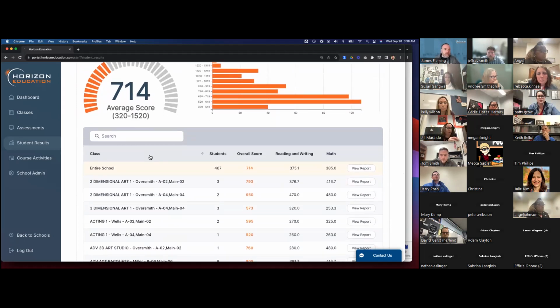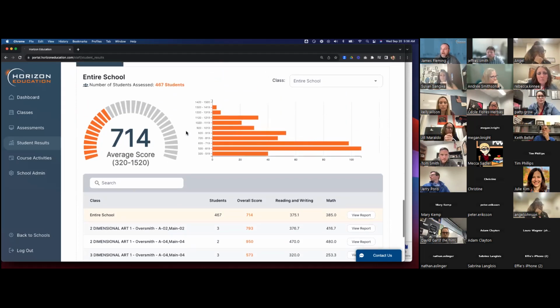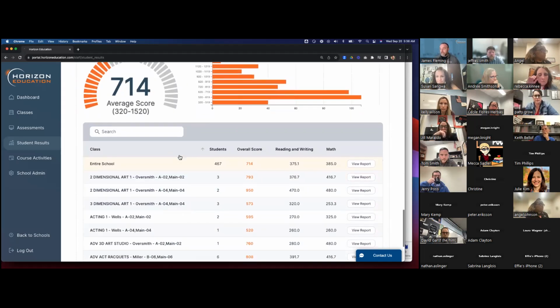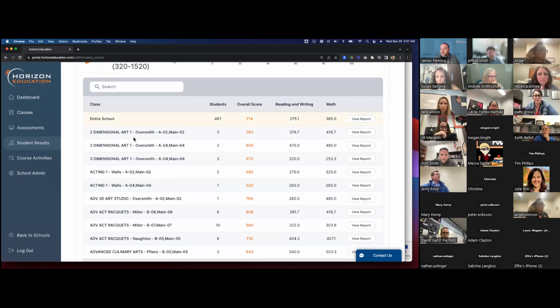And what you're going to see is that underneath each one of the high level looks, you're also going to have any classes that you are listed as a primary or secondary teacher on. So obviously everybody's list is going to be different.